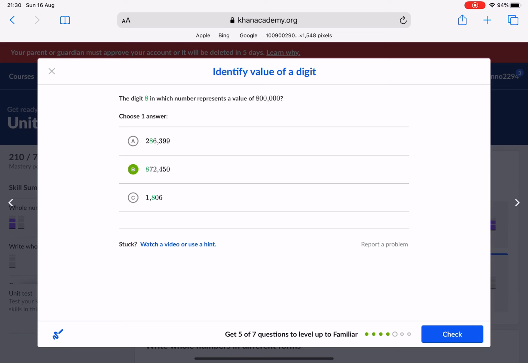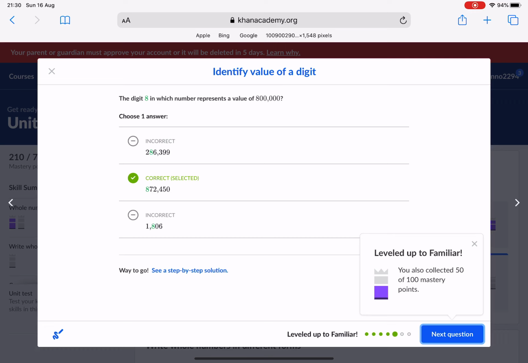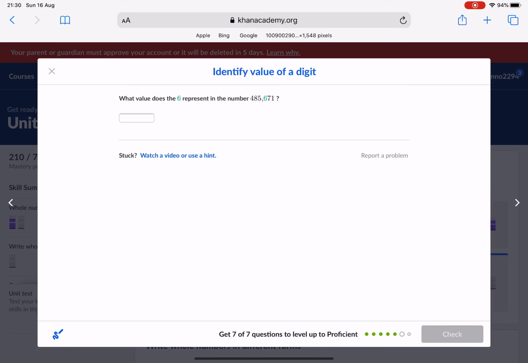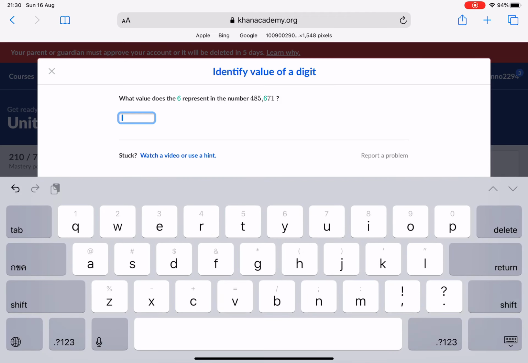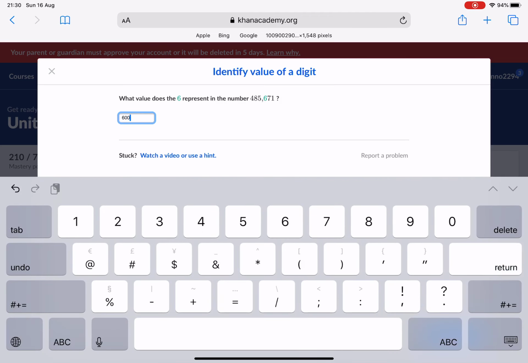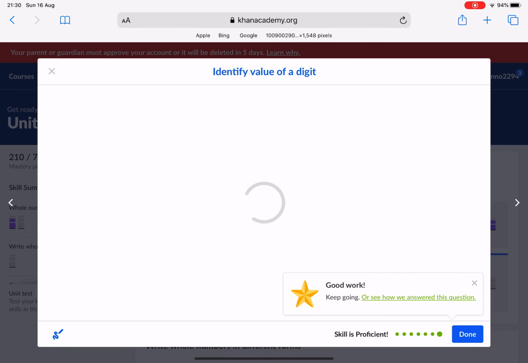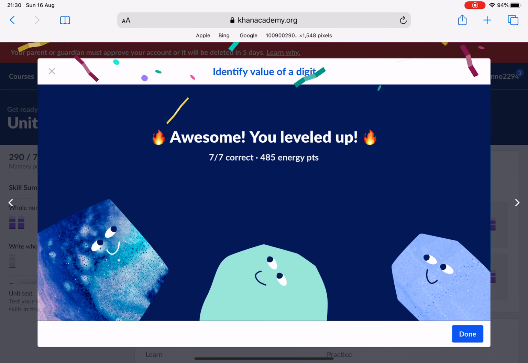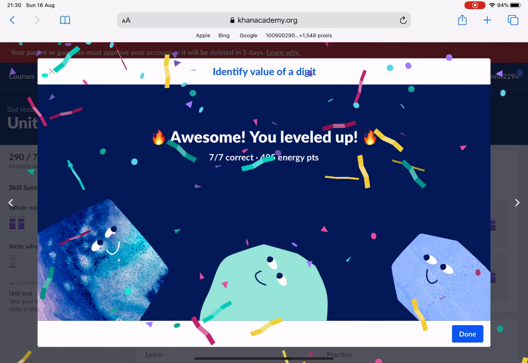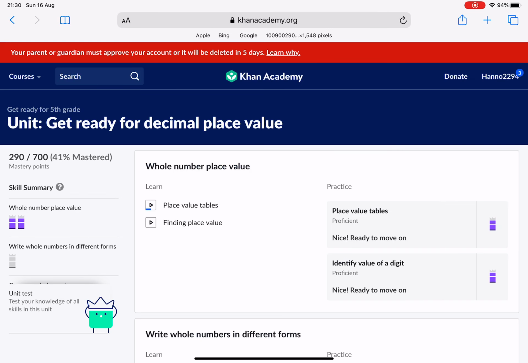So it's B, because as you can see, it's in front of the comma, this is the 100. It represents 600. The place it is in, 800, is the 100 place, so we're going to check. I level up because I did all correct. It's kind of easy.